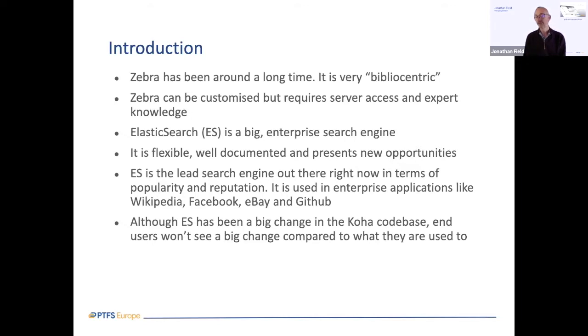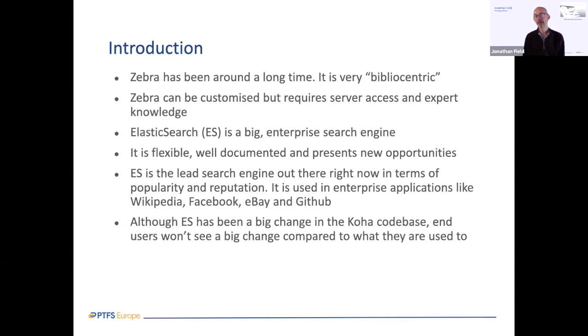And Elastic is very flexible. The thing with Zebra, although it's very stable and has been around a long time, is that it is a black box essentially in terms of the way it's installed. And there are actually a lot of advantages and benefits of that, which we'll talk about a little bit later on.